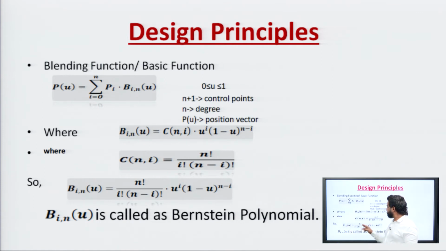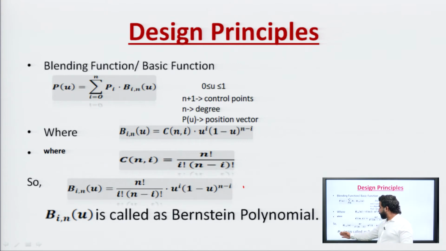Putting this value of C(n, i) in the Bernstein polynomial, we get: n factorial upon i factorial (n minus i) factorial, into u to the power i, into (1 minus u) to the power n minus i.